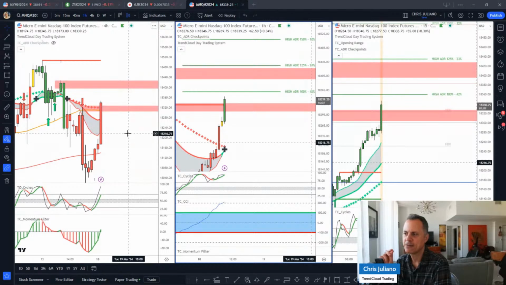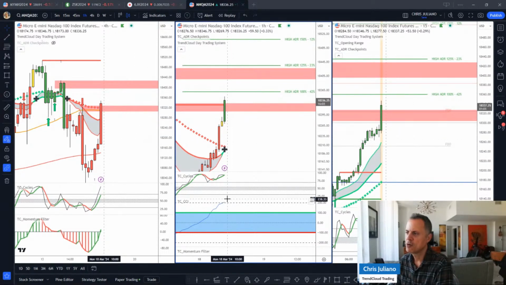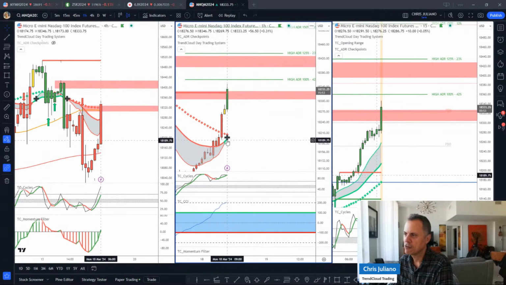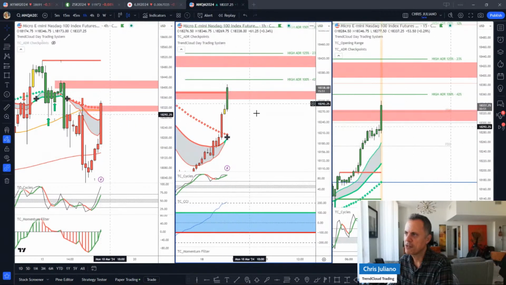We added momentum to that. So we've got trend and momentum because it's above positive 100 on that CCI indicator. We've got trend and momentum on our side, right? Here's the trend. We just broke to the upside. We've got trend reversal here.